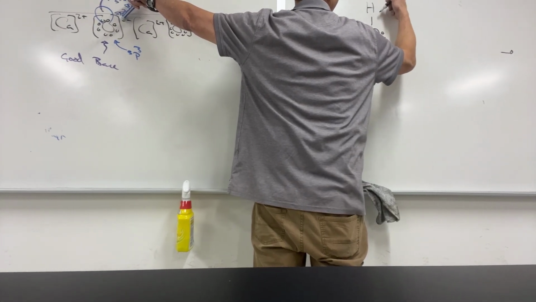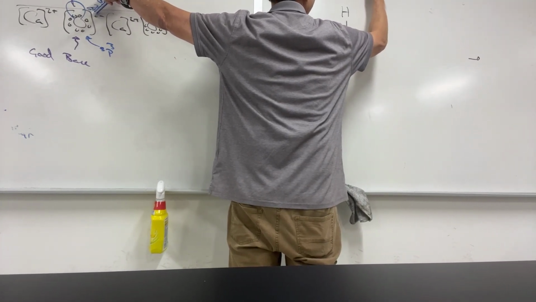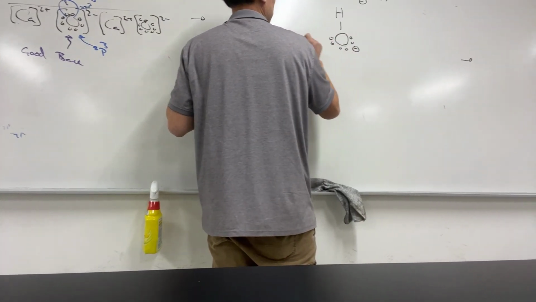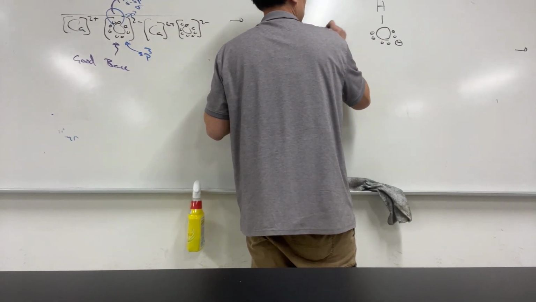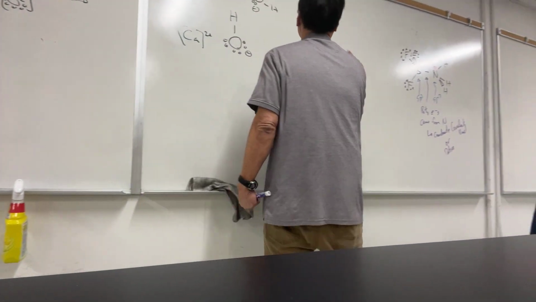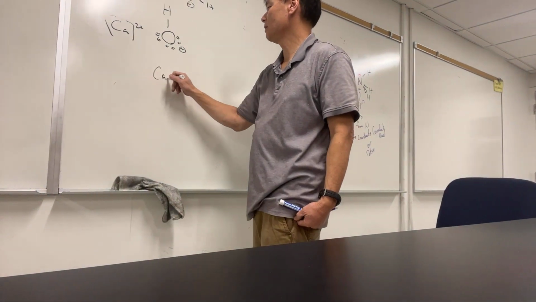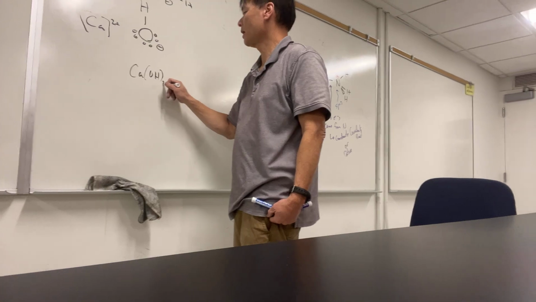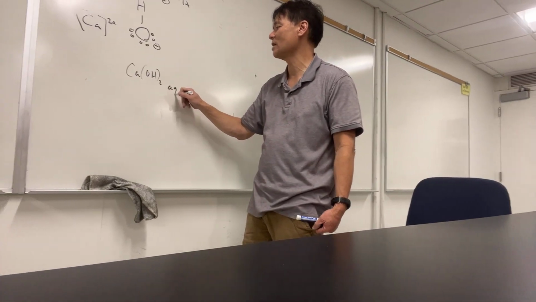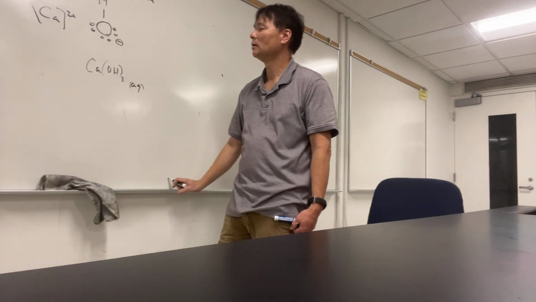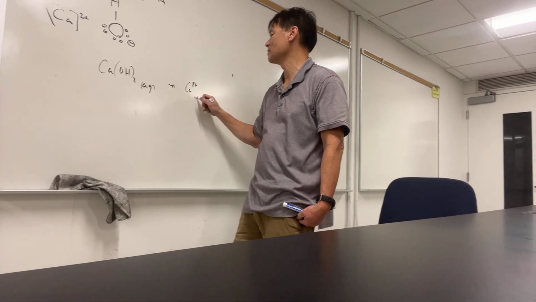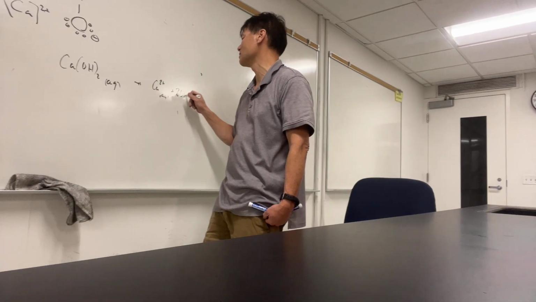The old bond, we lose those electrons and we end up with this. In other words, we end up with calcium hydroxide. Well, calcium hydroxide's soluble in water, and so this is aqueous. Calcium hydroxide aqueous just consists of calcium 2 plus aqueous ions plus 2 hydroxide aqueous ions.